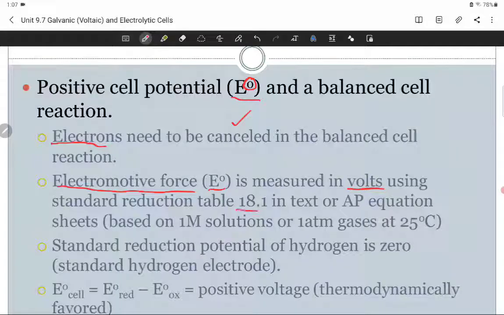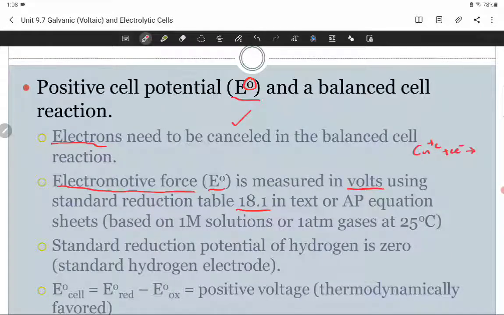We're going to use a table in our textbook, or on tests I'd provide you with an abbreviated table, or you can Google a table of, they're called standard reductions, and the reason they're called standard reductions is because they're all written as reductions.